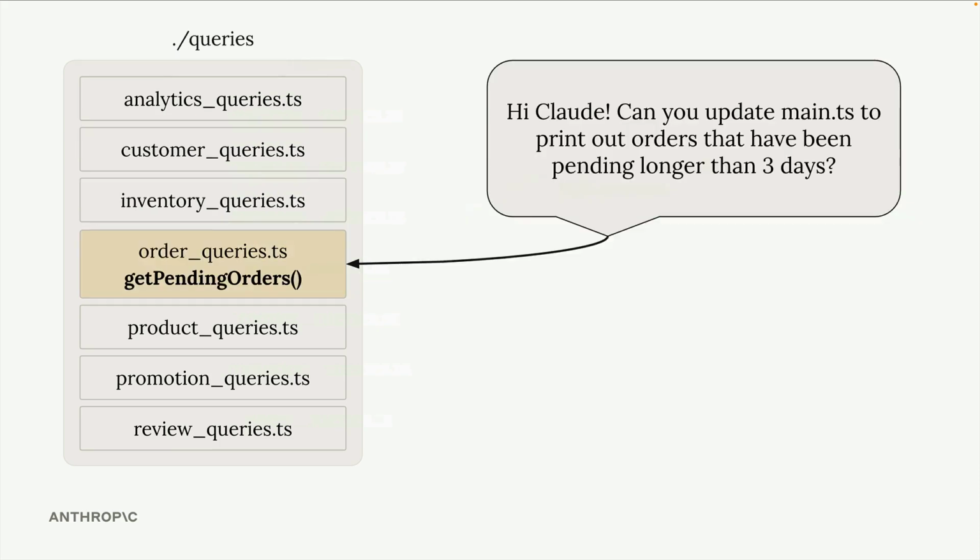Now, if I go to Claude and ask it to update the main.ts file to print out all the different orders that have been in a pending state for longer than 3 days, in a perfect world, Claude would find the order queries.ts file, it would find that existing query, and it would make use of it, as opposed to writing out a brand new query. So that's what we want.